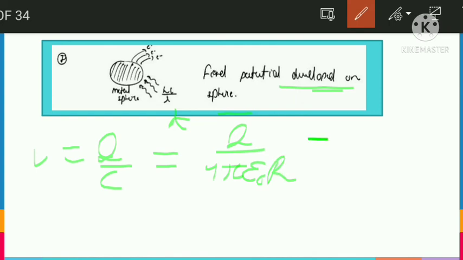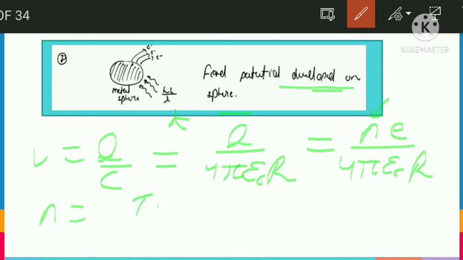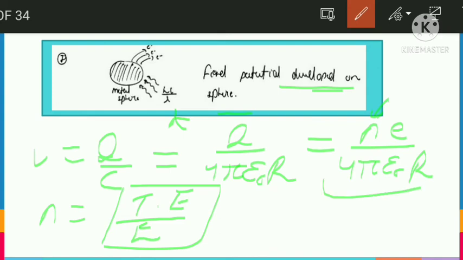So Q equals n e, and V equals n e upon 4 pi epsilon naught r. As I already told you, n equals total energy upon energy of each photon, and according to the given data you can find n. So friends, I think this is clear to you. I have just told you how we have to approach, and this was our basic concept.